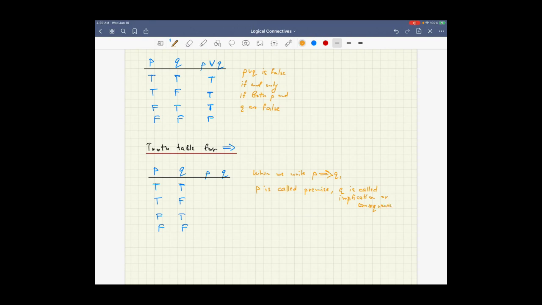So the thing to remember here is that anything based on a false premise is automatically true.